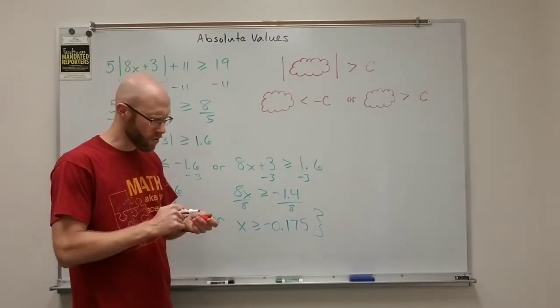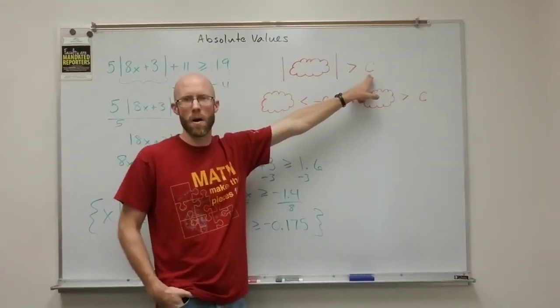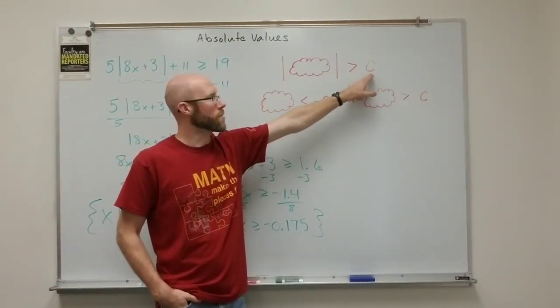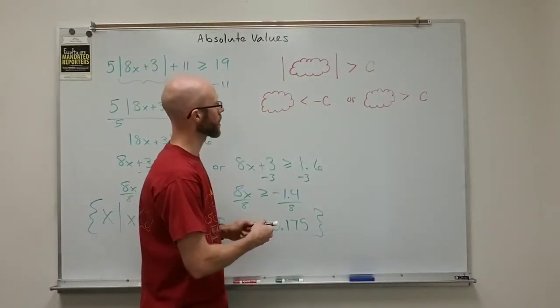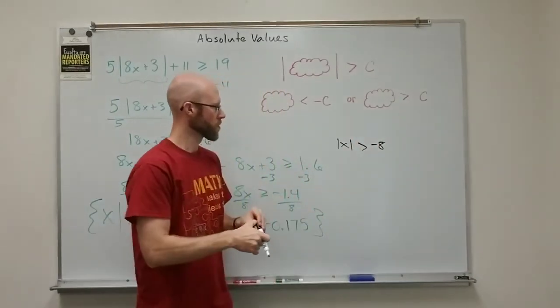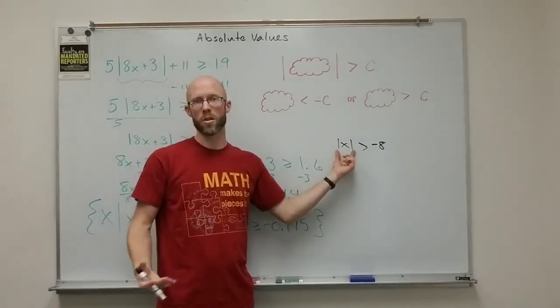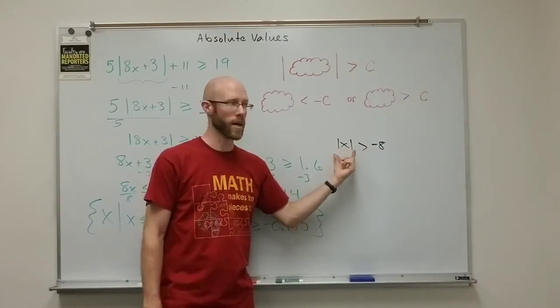There is one weird thing that happens. Again, this c has to be positive for this to work. If the c value is negative to begin with, if you were to have something weird like absolute value of x is greater than -8, well, absolute values are always greater than negative numbers because they're either positive or 0, right?